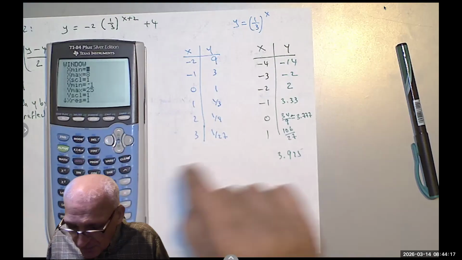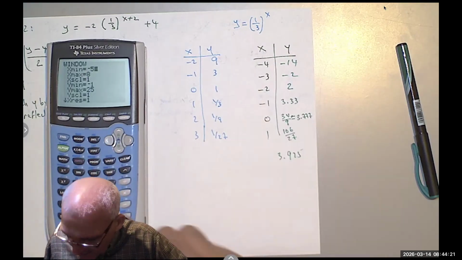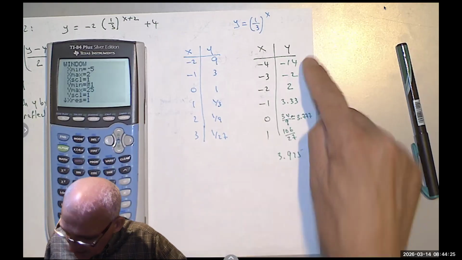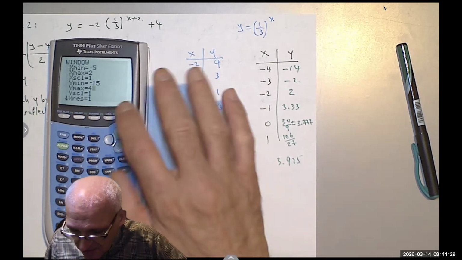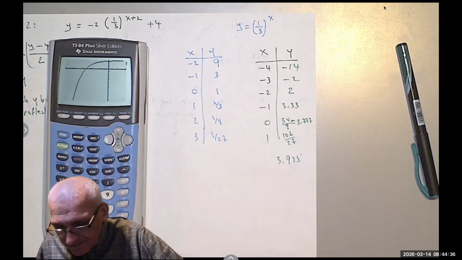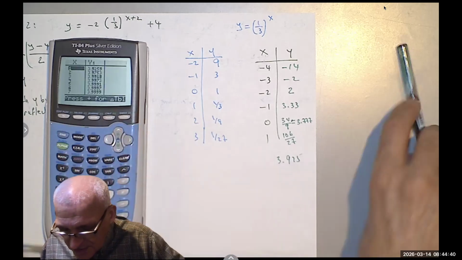The window, my x is probably from -5 to say 2 or 3. My y would be from -15 to 4. Yeah, here is my graph. And here is my table. Hopefully we did it right.